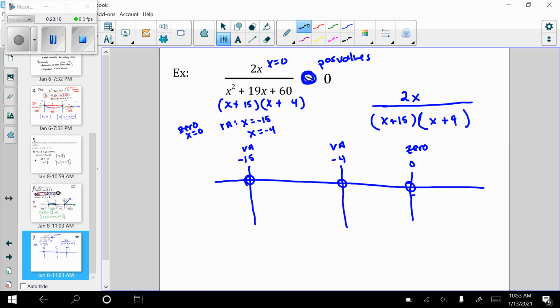Okay, so now I determine the test values. I have a negative 16, less than negative 15. Somewhere in between, I'm going to choose negative 5. Here, I'm going to choose a negative 2. And down here, I'm just going to pick 1. Since this is rational, I'm going to put the fraction bar for my positive negative value chart when I plug in those numbers, my test points.